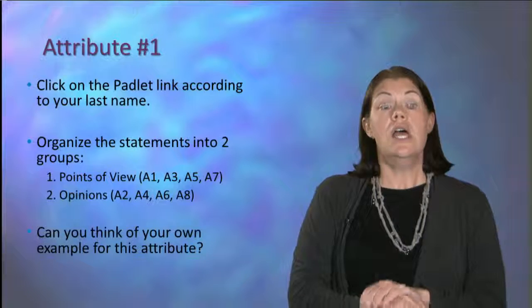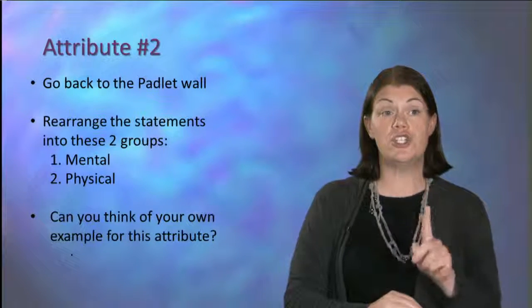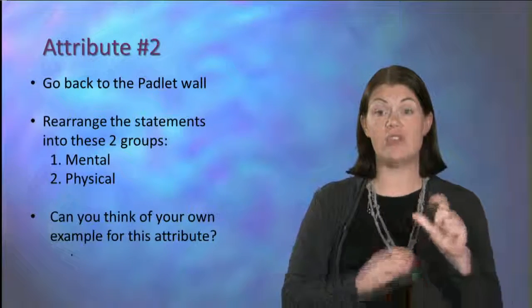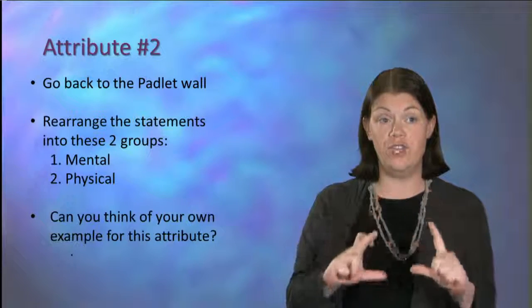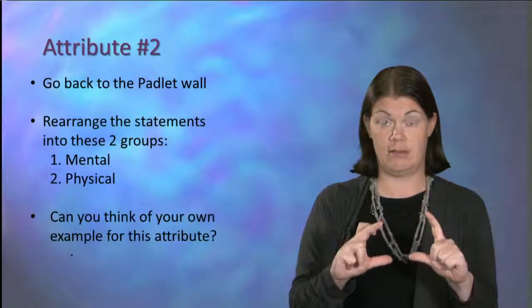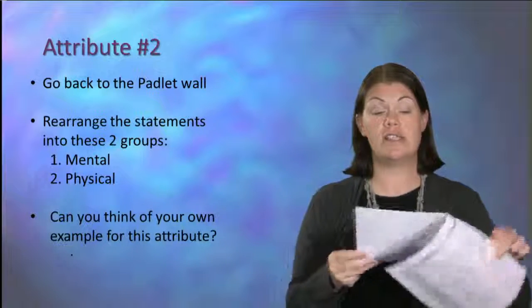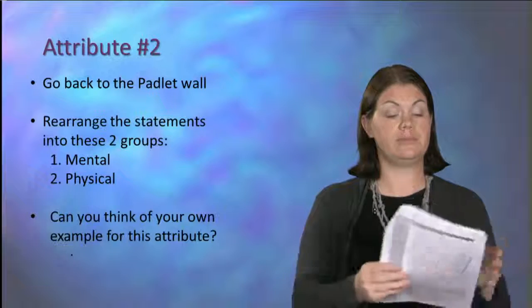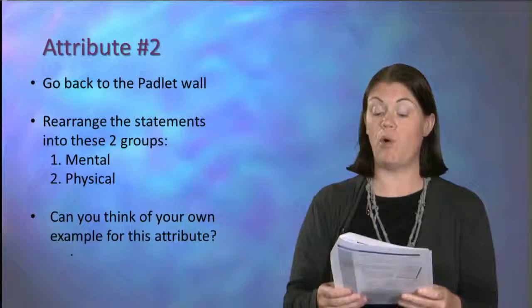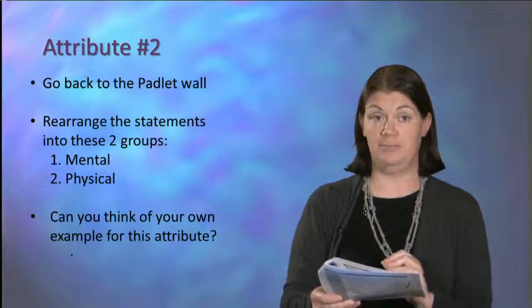Now, going to attribute 2, okay, what you're going to do is now take only the 4 point of view statements, because this leads into your second attribute, which is attribute 2: a point of view can be physical or mental, okay?